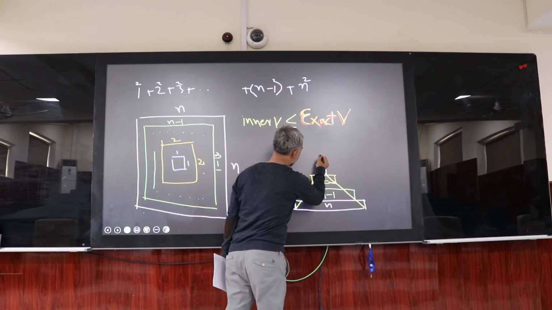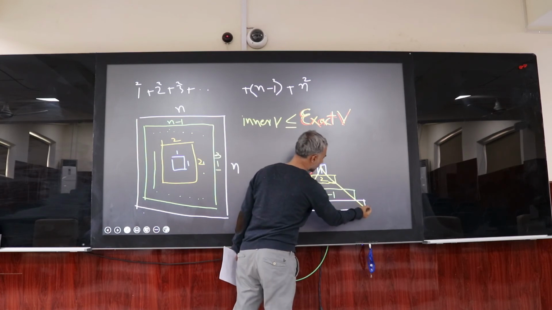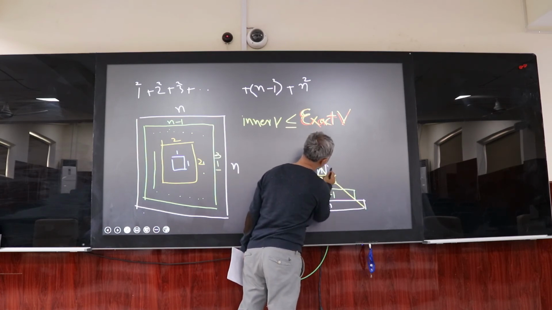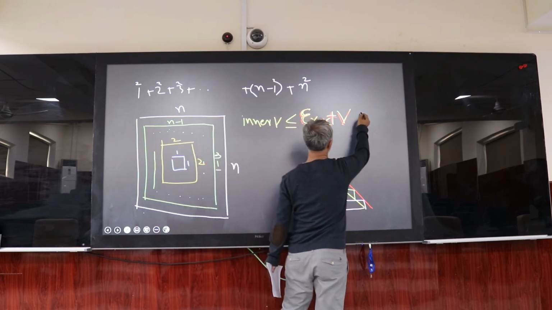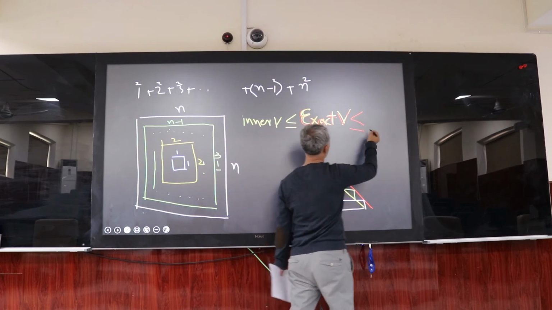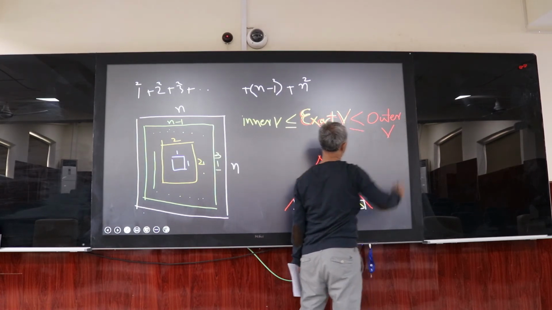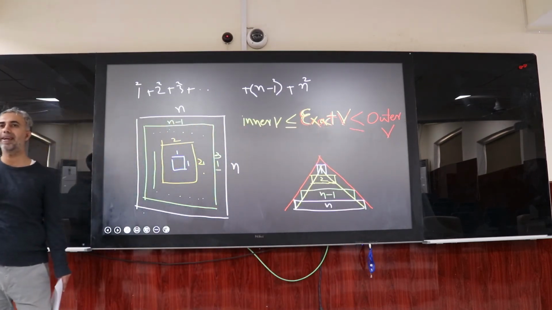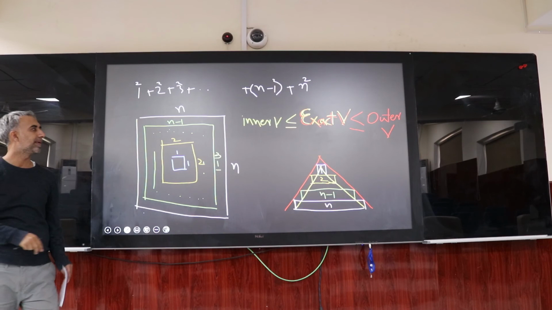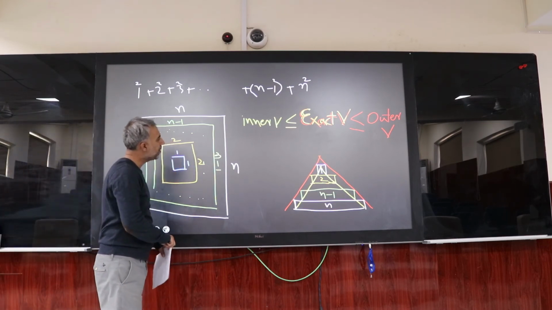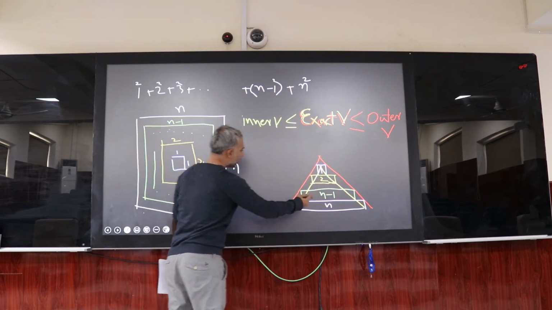If I consider the outer one, of course it will be greater than the exact volume. So there are three possibilities: the inner, the exact volume of the blocks, and the third one is the outer one.